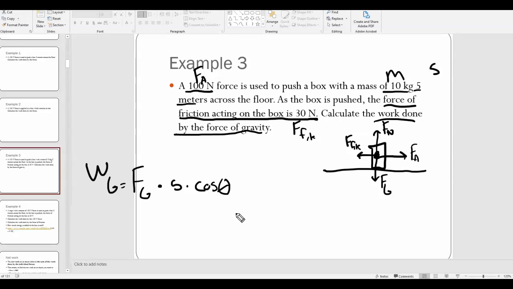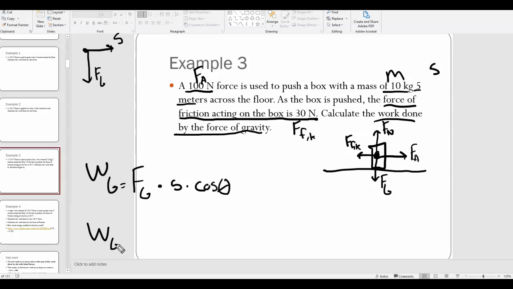Now, before you run off to calculate the force of gravity, which we could do because we have the mass, we actually don't need to, because the force of gravity is going down. The displacement is to the right because the box is being pushed to the right. Remember, theta is the angle between the force you're talking about and the displacement of the object.